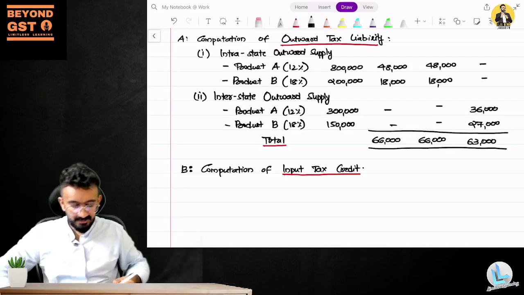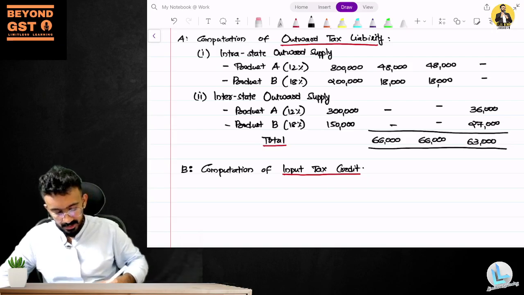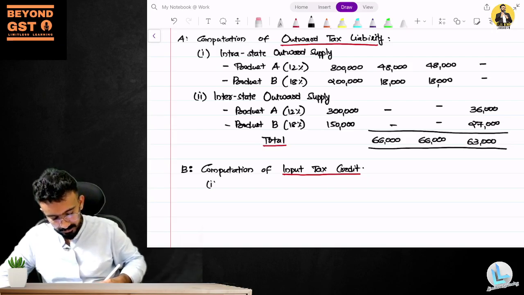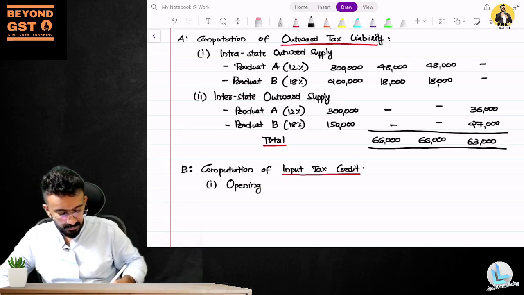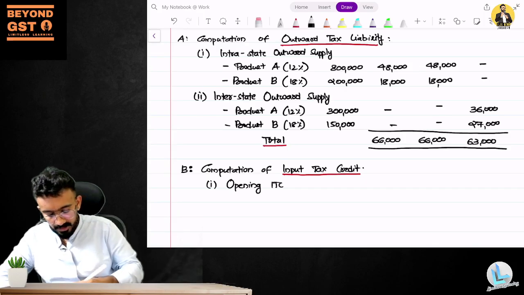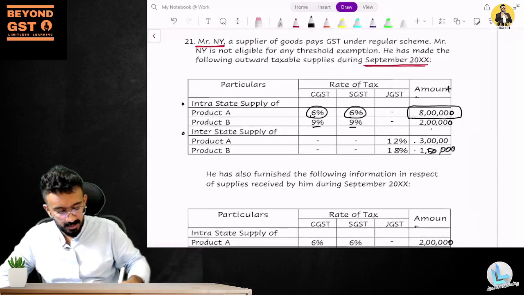Now every time I compute input tax credit, I should look at whether I have an opening credit. The question is, do I have an opening credit?